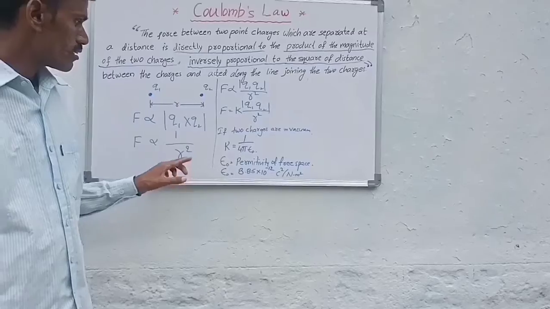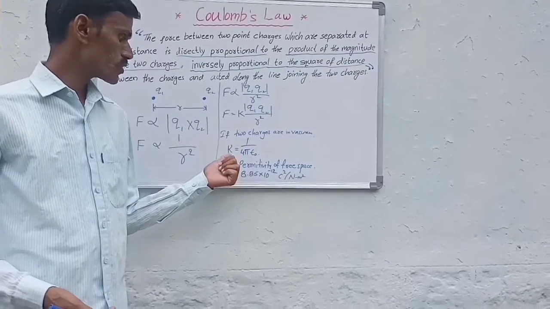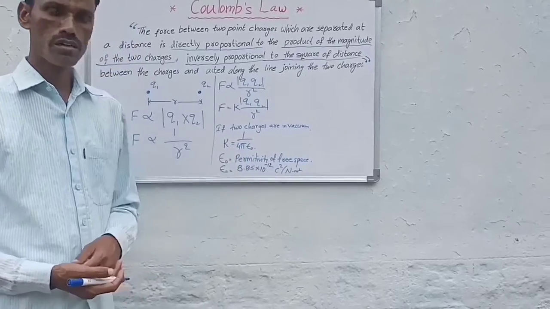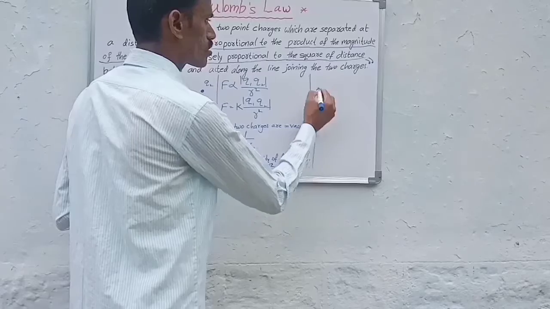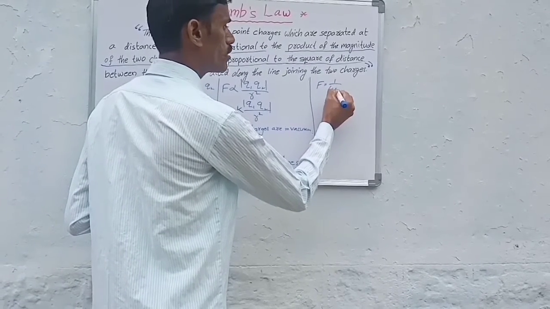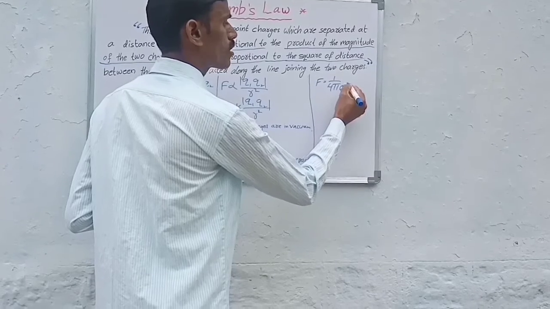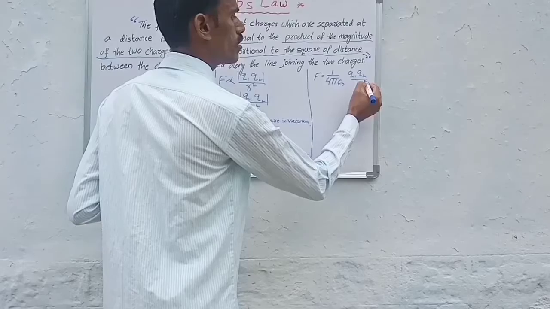If the two charges are kept in vacuum, the value of K is 1 by 4 pi epsilon naught. That's why the force F is equal to 1 by 4 pi epsilon naught Q1 Q2 by R square.